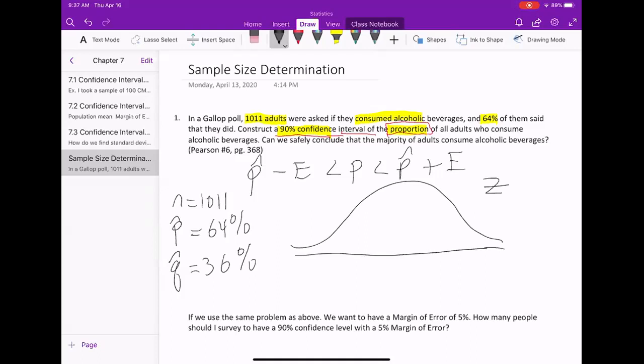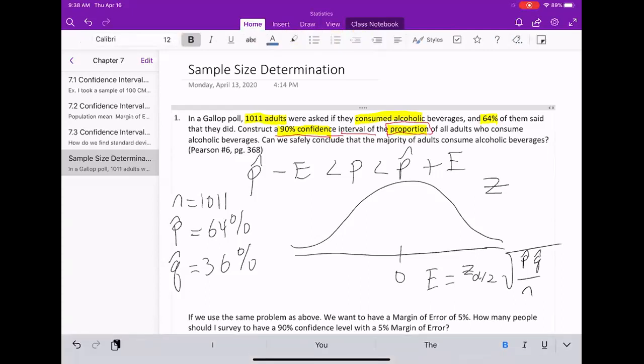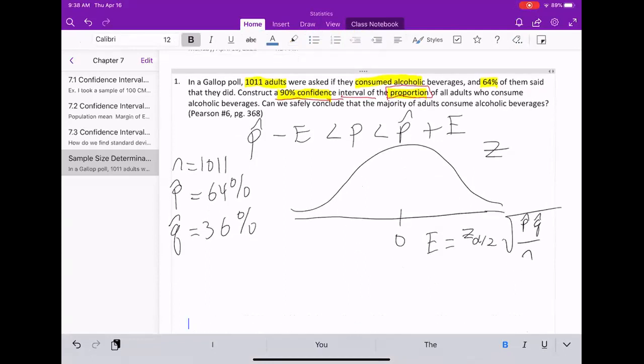Because we've got to find our critical value for our E formula, which is Z alpha over 2 times the square root of P hat Q hat over N. Let me give myself a little more room to work.